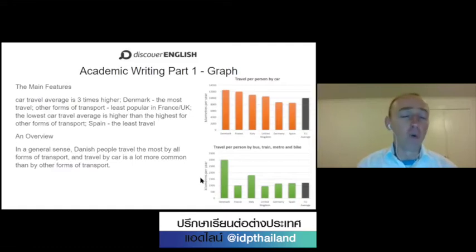And always, when you're describing a graph or you're describing a table, always give numbers. So if you're talking about travel per person by car for Denmark, you would talk about just over 12,000 kilometers per year. If you're talking about France, you would use the number 12,000 kilometers per year.